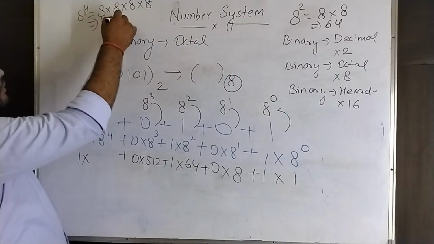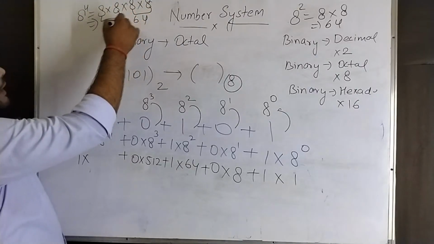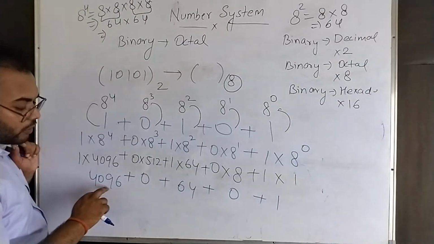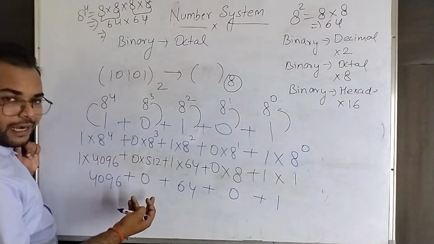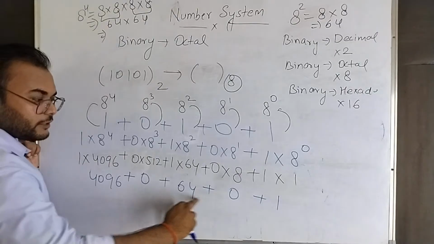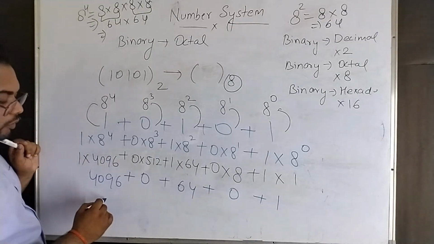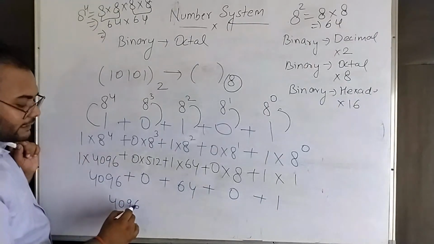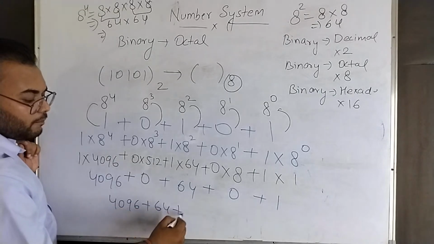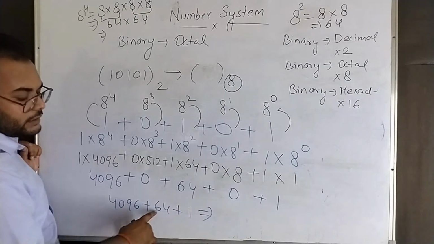This is 64 and this is 64. Square of 64 gives 4096. 0 doesn't add anything, here also 0 doesn't add anything. 64 is here and 1 is here. What are we going to do? We add 4096 plus 64 plus 1. It will give 4161.